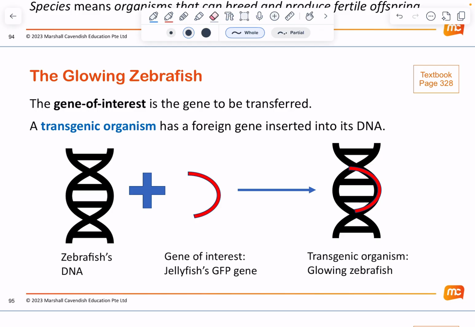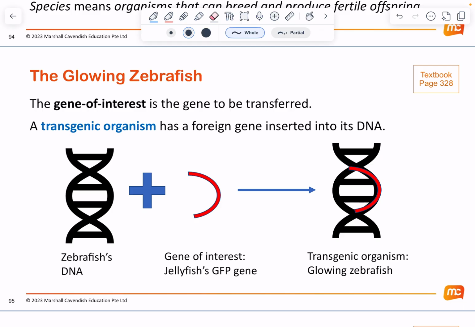These organisms slowly grow and reproduce offspring that have this transgenic DNA from both the jellyfish glow and the fish.